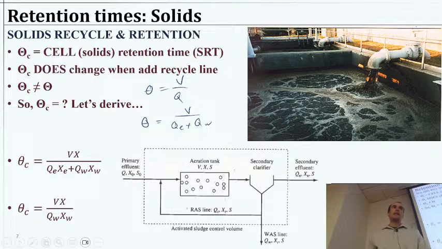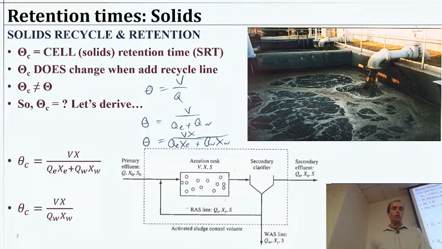Now, if we take that and add the concentration of our bacteria in each spot, this would simply be theta equals Vx over QE times XE plus QW times XW.